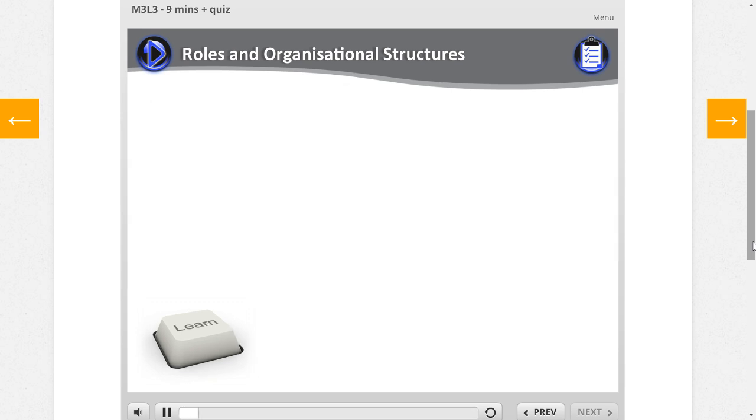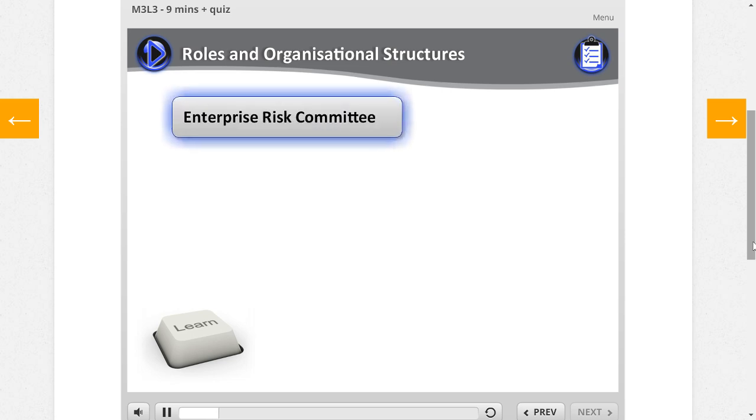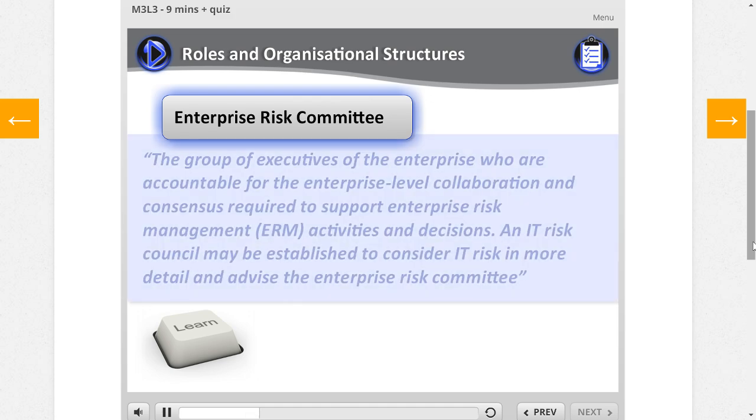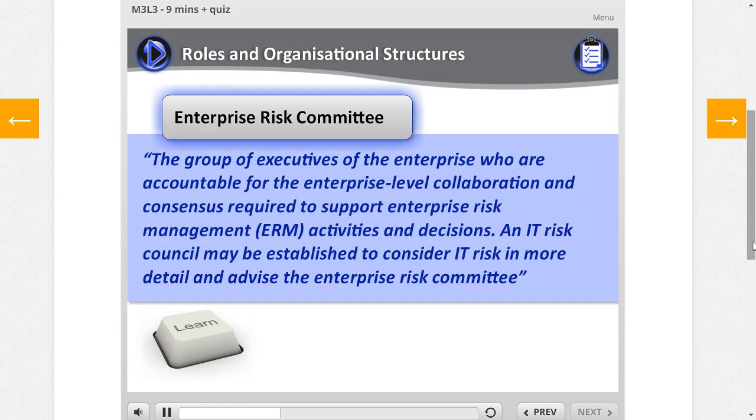An example of an organizational structure is the Enterprise Risk Committee, which is described as the group of executives of the enterprise who are accountable for the enterprise-level collaboration and consensus required to support enterprise risk management, ERM, activities and decisions. An IT Risk Council may be established to consider IT risk in more detail and advise the Enterprise Risk Committee.